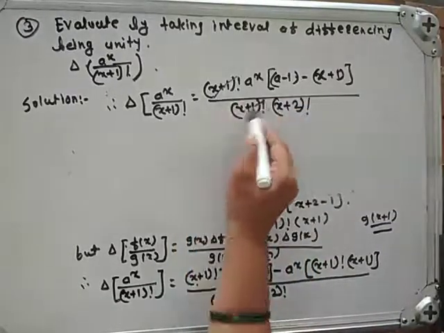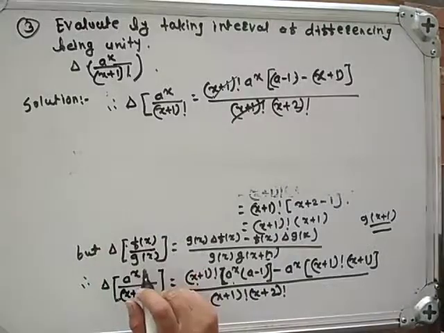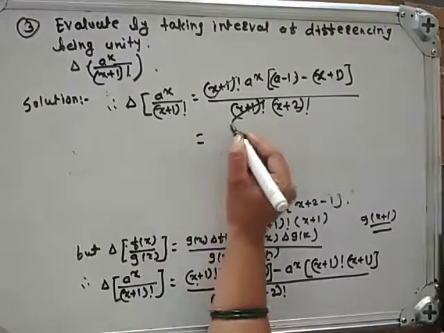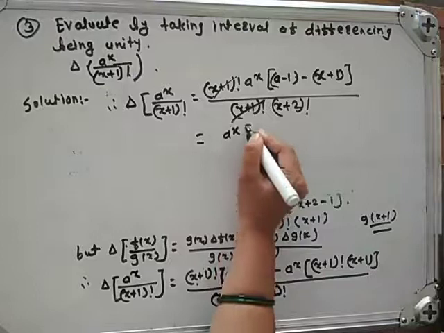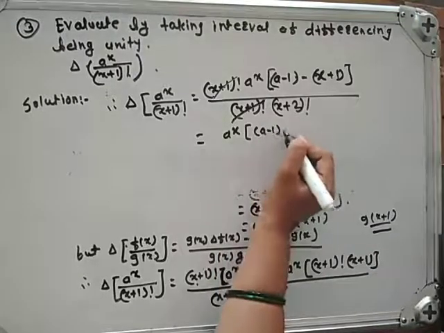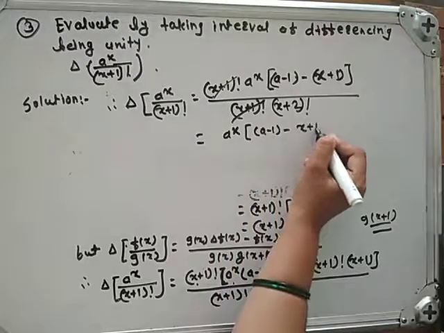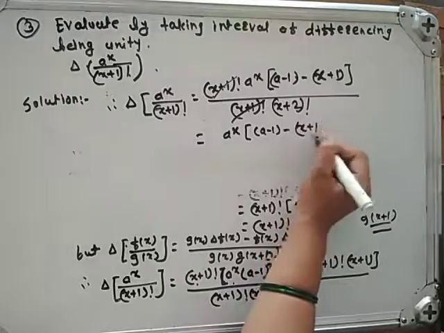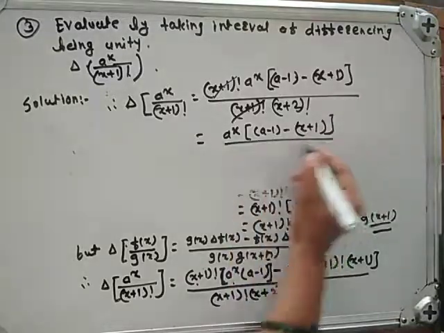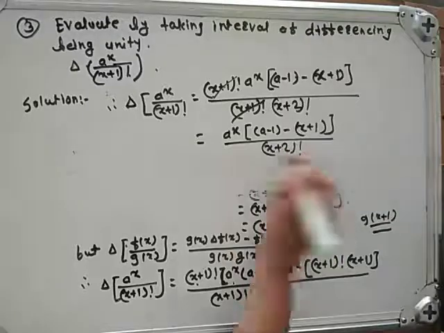X plus 1 factorial gets cancelled, so remains a raised to x into a minus 1 minus x plus 1 upon x plus 2 factorial.